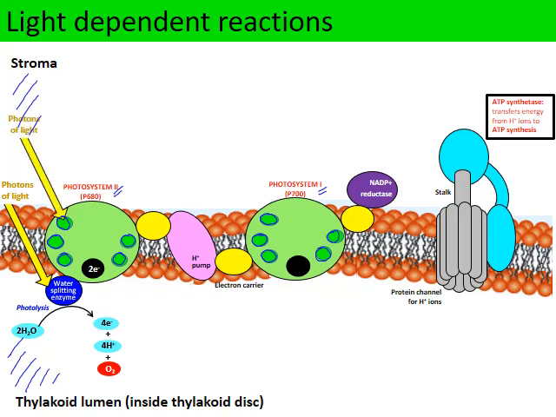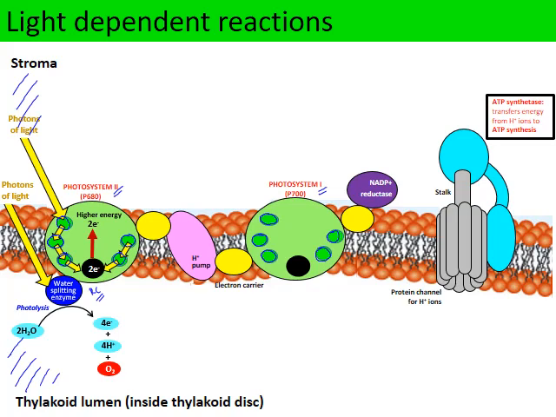Now we know the accessory pigments absorb different wavelengths of light, and they pass excitation energy down to the two chlorophyll A molecules at the reaction center of photosystem 2 on the left hand side. The two electrons released from the two chlorophyll A molecules become excited to a higher energy level, and these high energy electrons get emitted from photosystem 2.